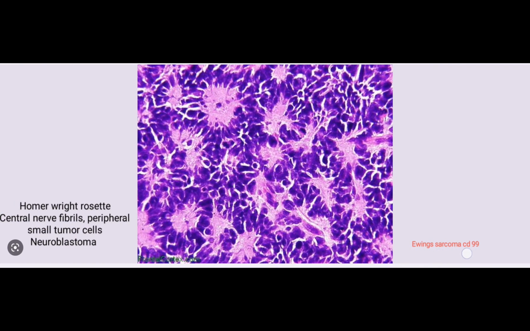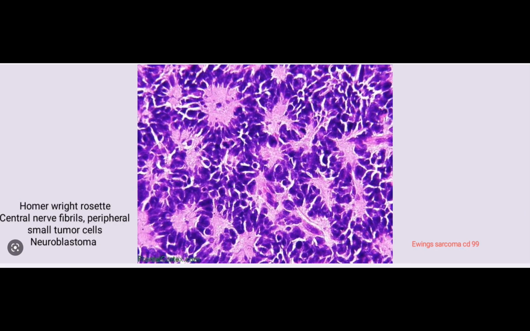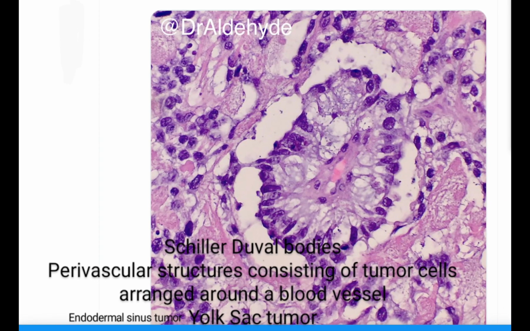The CD number for Ewing sarcoma is CD99. Basically, the small cell tumors, that is Ewing sarcoma, neuroblastoma, nephroblastoma, retinoblastoma, medulloblastoma, all these tumors have small cells and they can have Homer Wright rosettes.